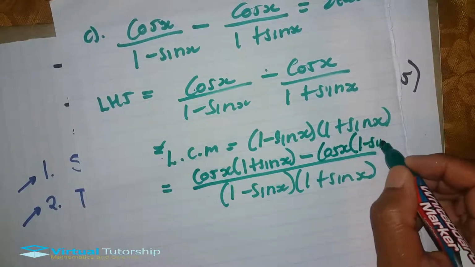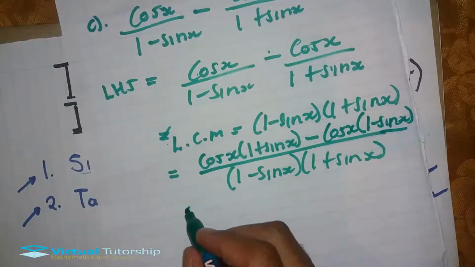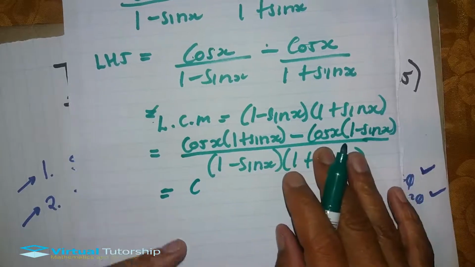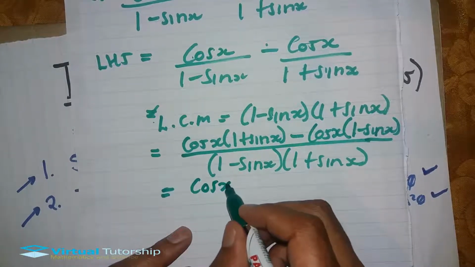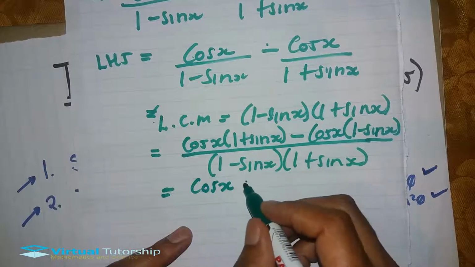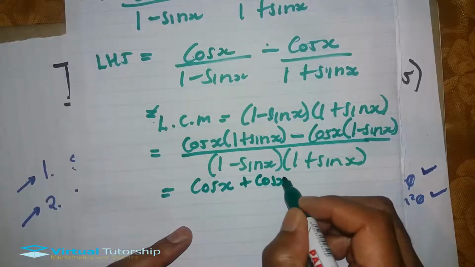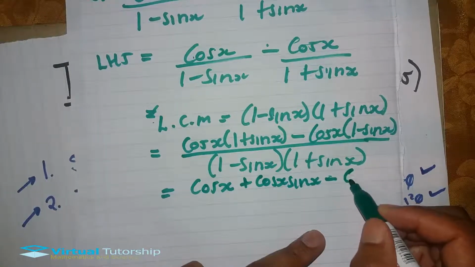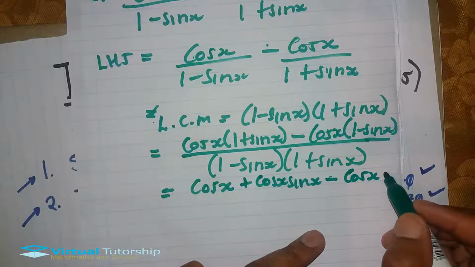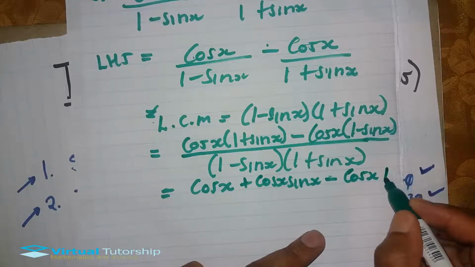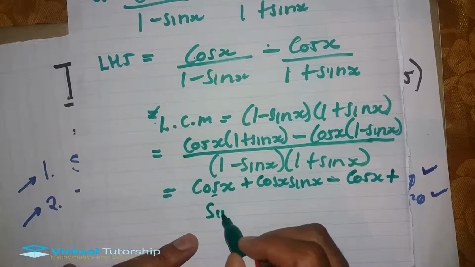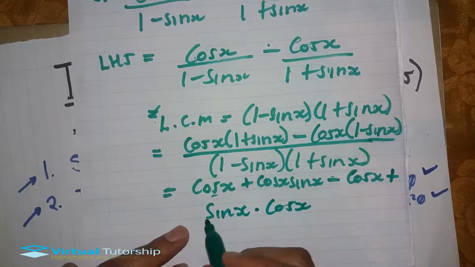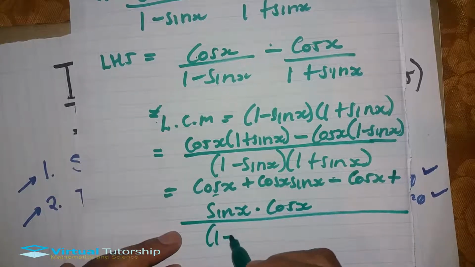Times 1 minus sine x, equals. Then we use the foil method, distributing here. It becomes cos x plus cos x sine x minus cos x, negative negative positive, sine x cos x, all over 1.